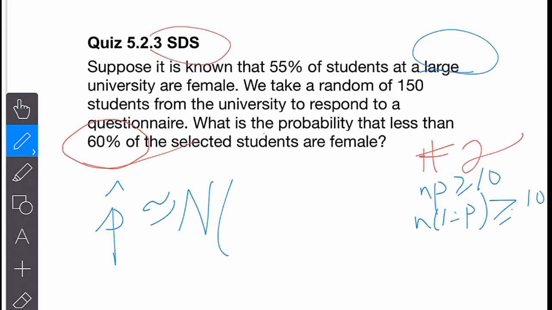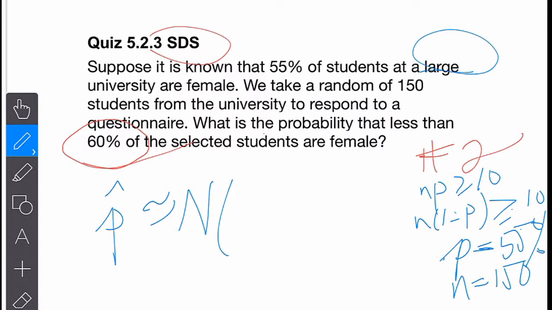So these are true, since p is equal to 55% and n is 150. Okay, so this is going to be true.